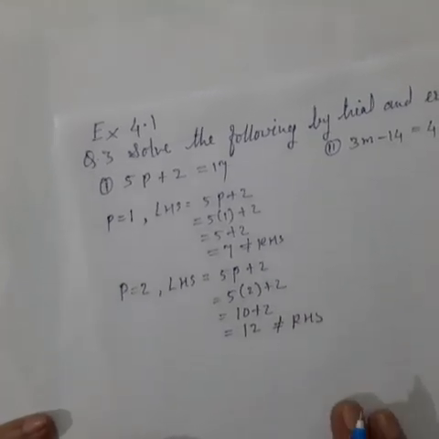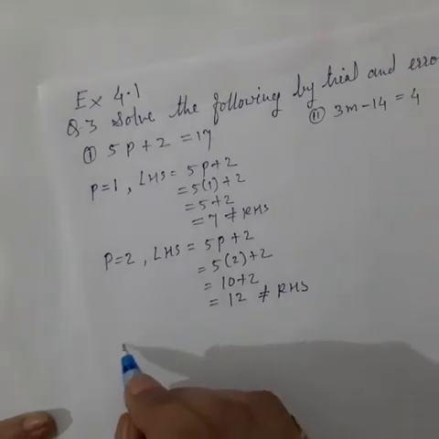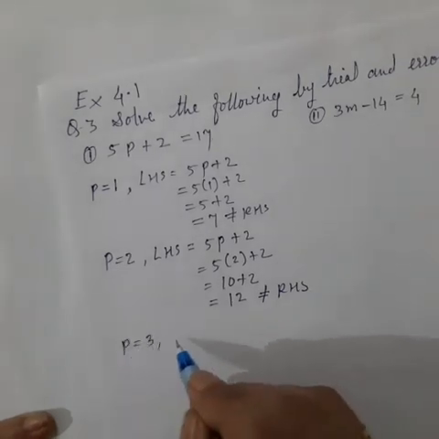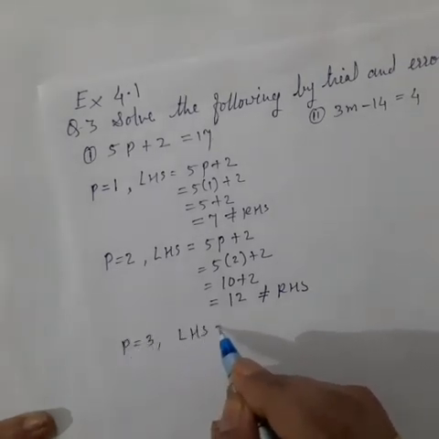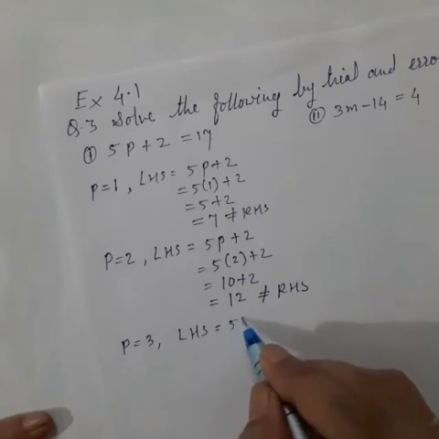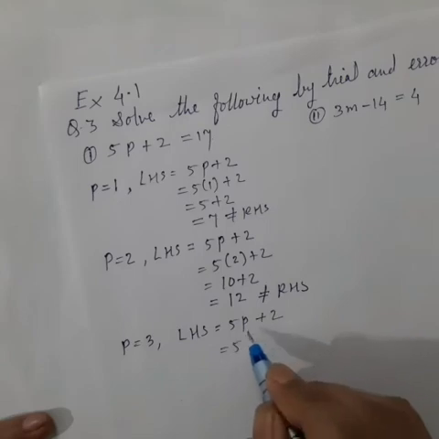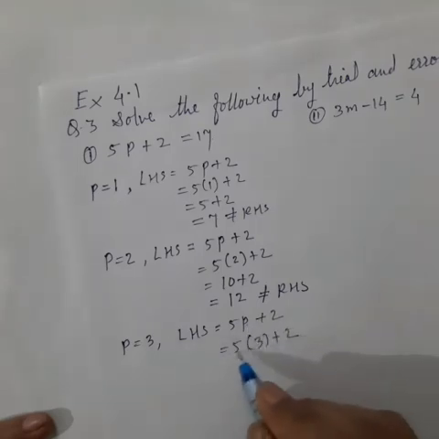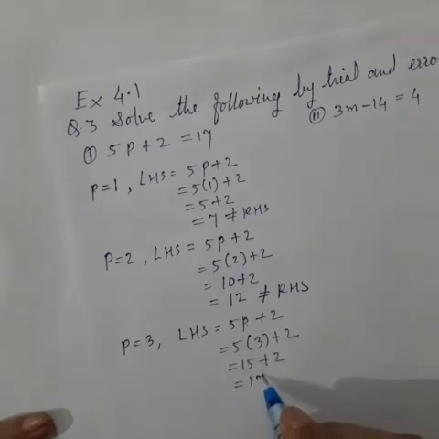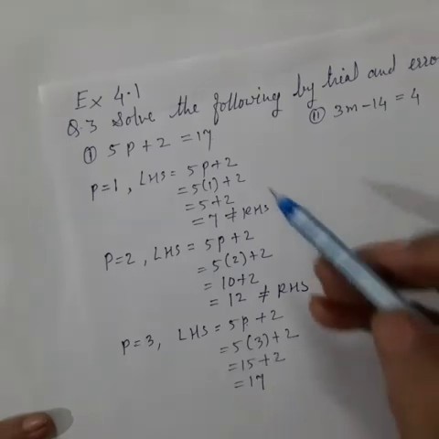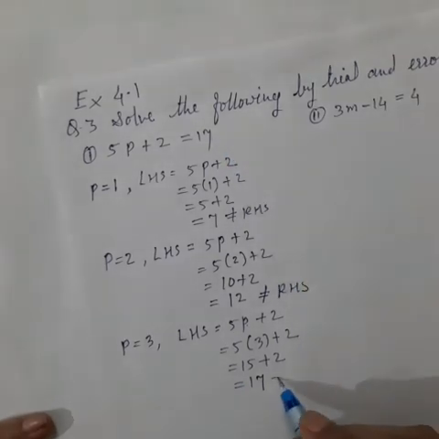So put again p equal to 3 and find out the answer of left hand side. Our left hand side is 5p plus 2. At the place of p put 3, plus 2. 5 3s are 15. 15 plus 2 we are getting 17. And here we are getting our right hand side.